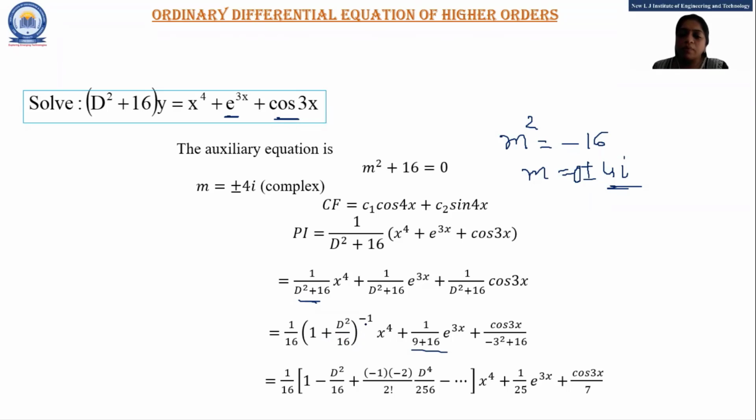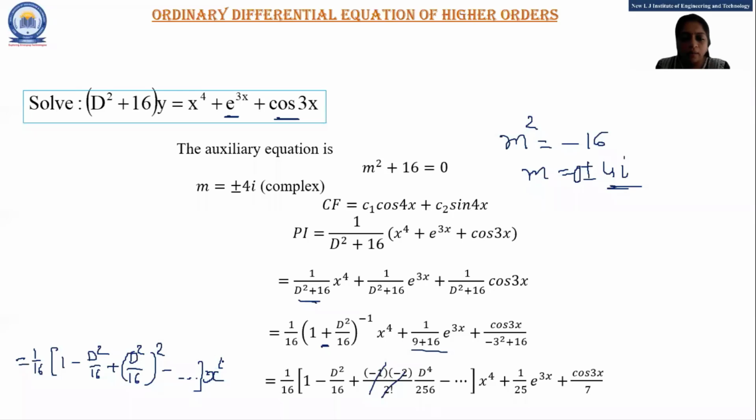That is 1 plus d square by 16 raised to minus 1. Here I am going to apply the binomial expansion: 1 minus d square by 16 plus d square by 16 whole square, and so on, acting on x raised to 4.